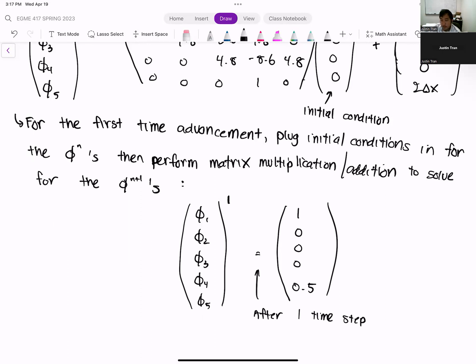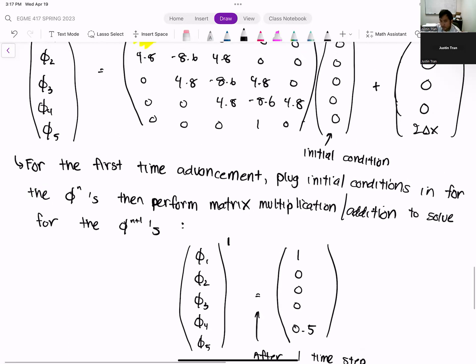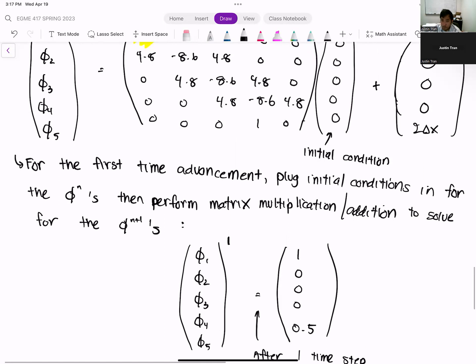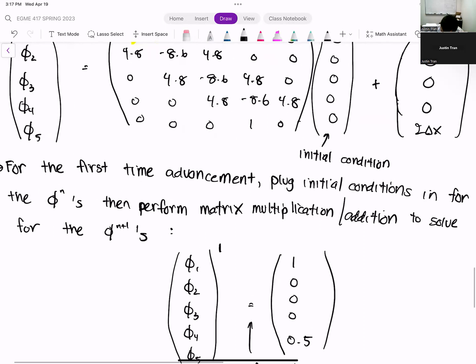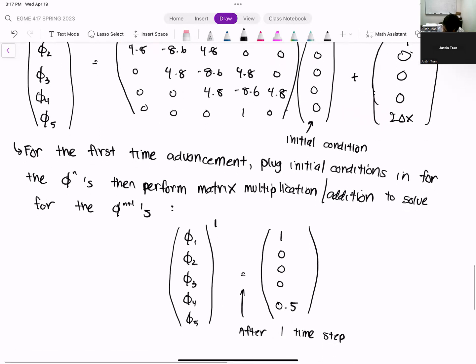To advance this by one more time step, we're going to take this and plug it into the previous spot where we had phi n's, and then just carry out the same calculation. So we're going to put this up here.